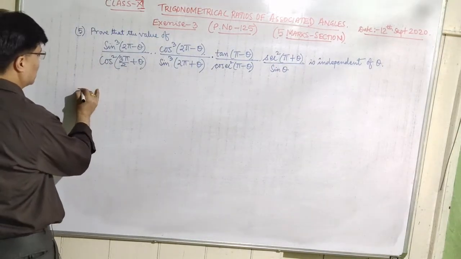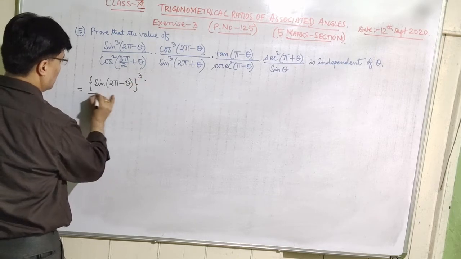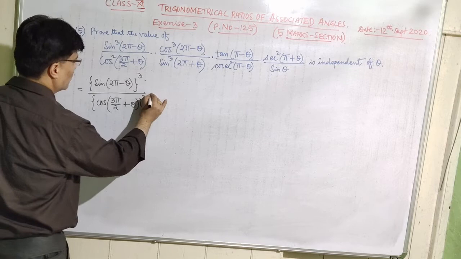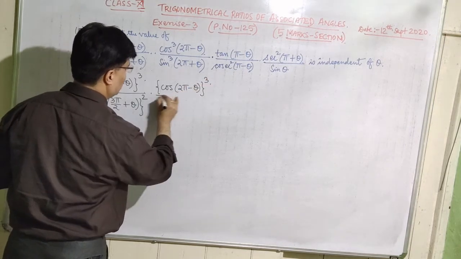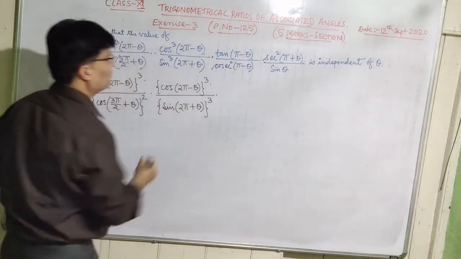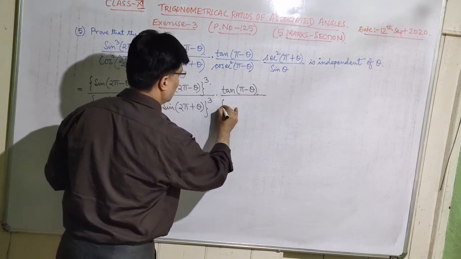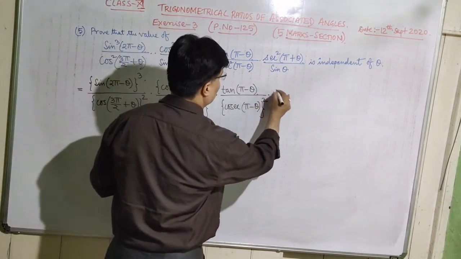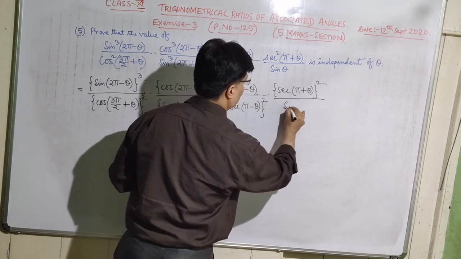Which is equal to, now you can write it within whole cube: sine 2 pi minus theta, whole cube, divided by cos 3 pi by 2 plus theta, whole square, into cos 2 pi minus theta, whole cube, divided by sine 2 pi plus theta, whole cube, into tan pi minus theta divided by cosec pi minus theta, whole square, into sec pi plus theta, whole square, divided by sine theta.